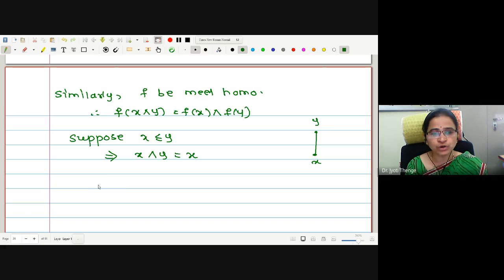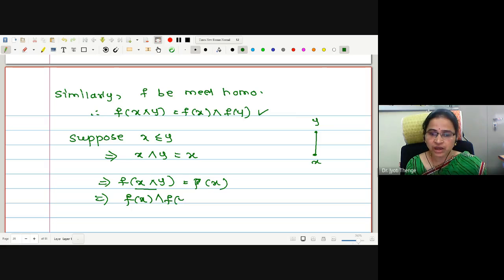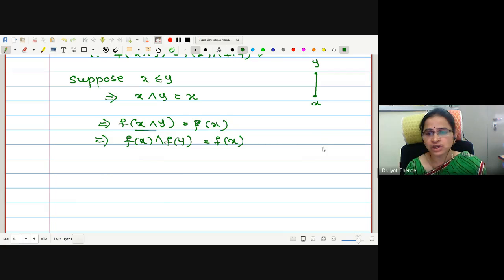Now what we will do? We will apply f on both sides. f of x meet y is f of x. But what is the value of f of x meet y according to meet homomorphism? This is f of x meet f of y, which is equal to f of x. Therefore, again A meet B, we are getting A, correct?